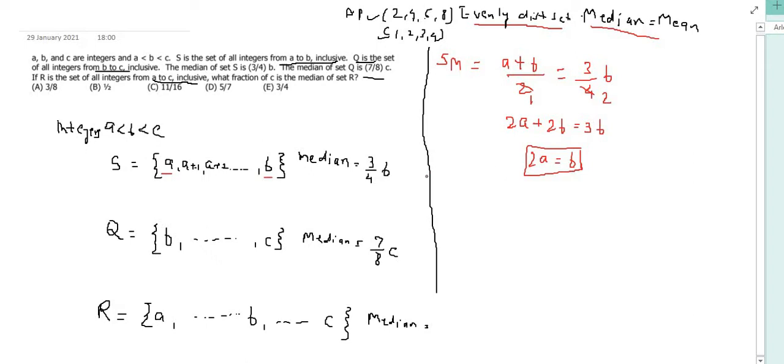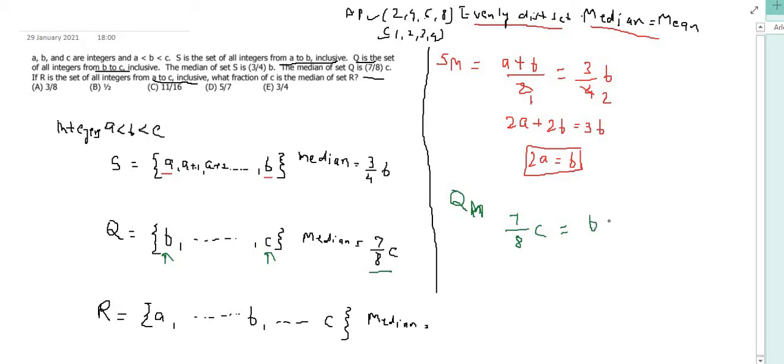Similarly, let me see what I can get from the second set. I'm not really calculating the median, but I'm trying to find a relationship between the variables. I am given that the median of this set Q is 7 by 8 C. I also know the first and last term of this set, so I can calculate its average.